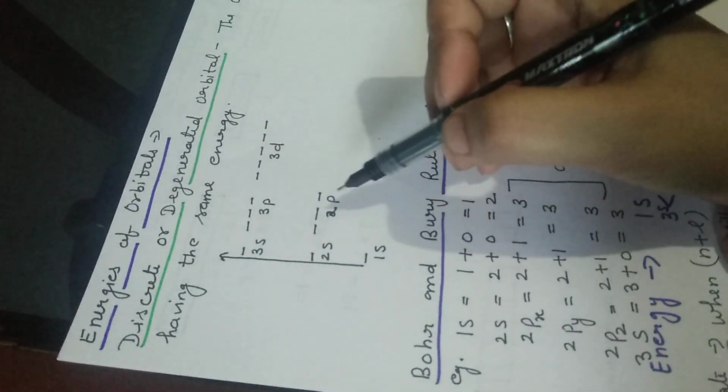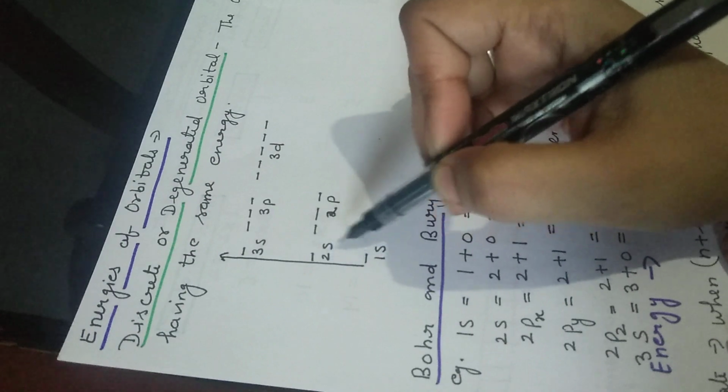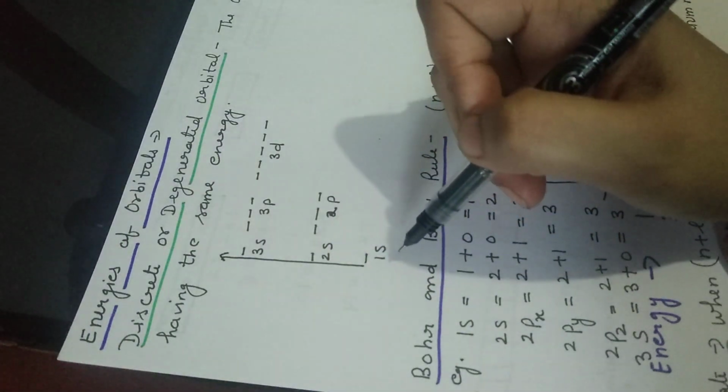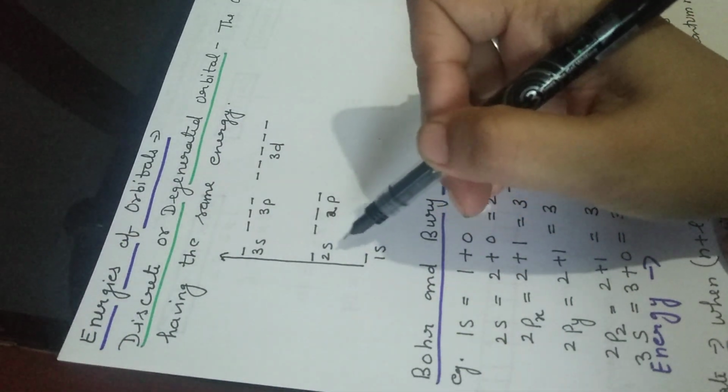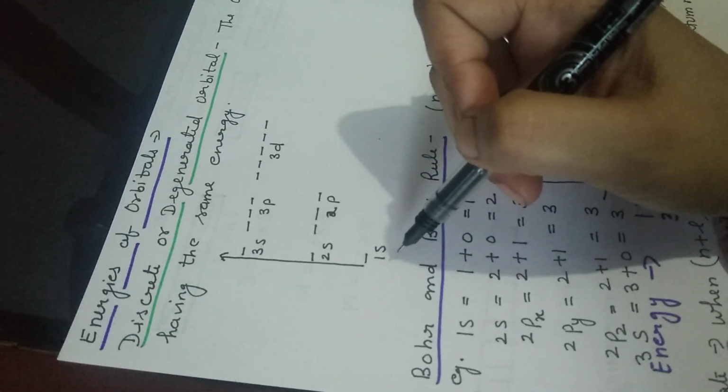Now it is quite obvious that the energy of the 2s orbital will be more than that of the 1s orbital.